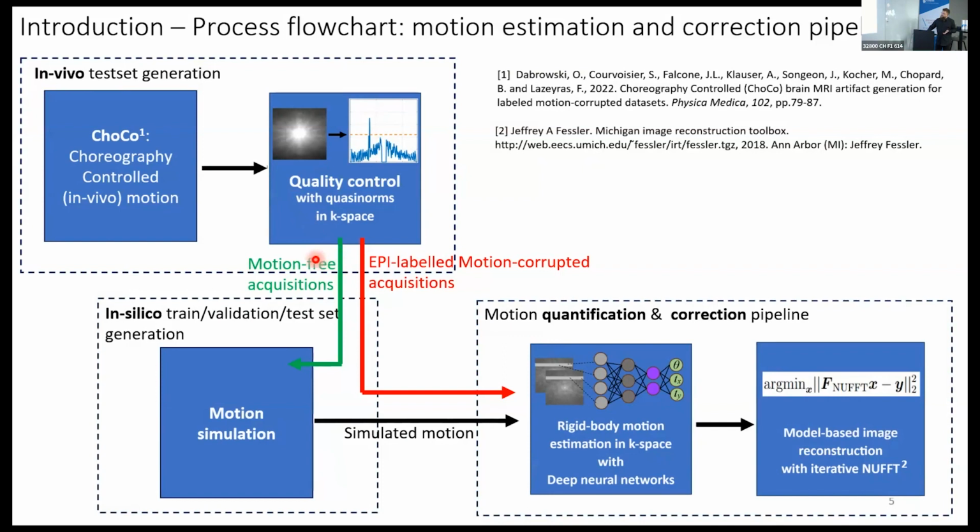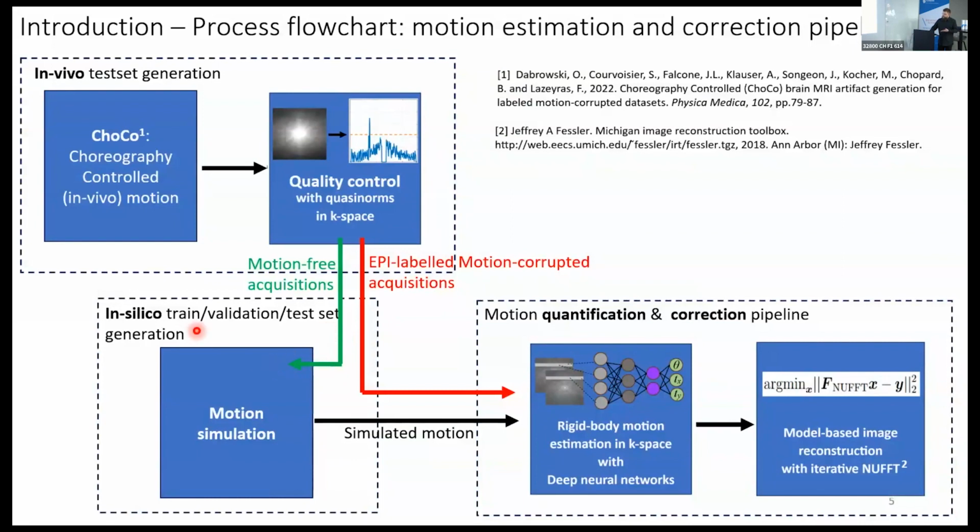It's to create motion-free in vivo acquisitions, which we can then use to simulate motion, since deep learning models require a very large amount of data, so it's not practically feasible to have only in vivo training sets.